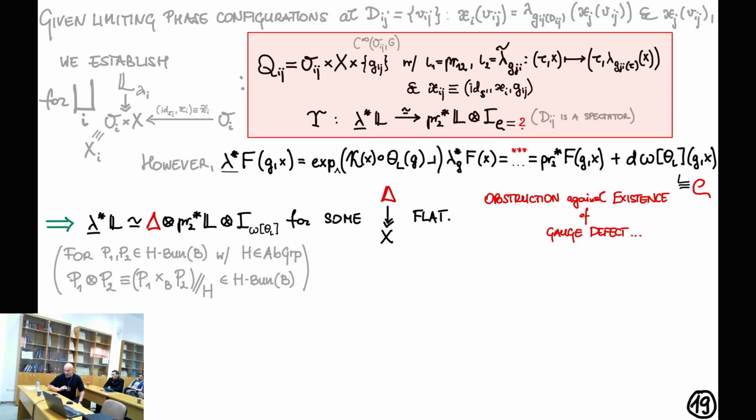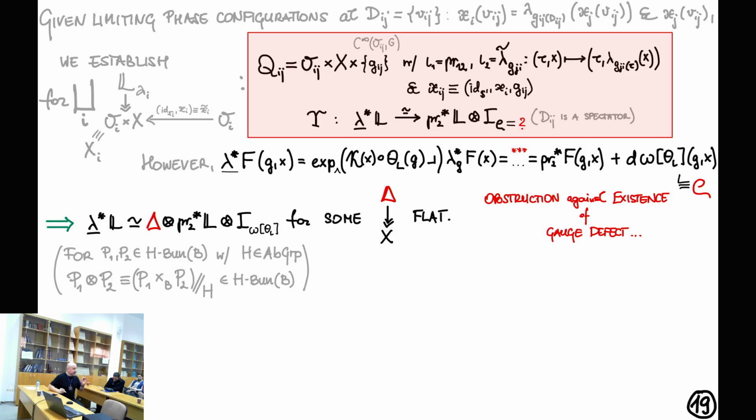Okay? And so, what I infer, since the curvatures match, going in one direction is easy. If I have an isomorphism, I certainly have equality of curvatures. But if I have, as I have just checked, equality of curvatures, it does not mean that I have an isomorphism. What I do have is an isomorphism up to a flat bundle. Curvatures add when I tensor bundles.